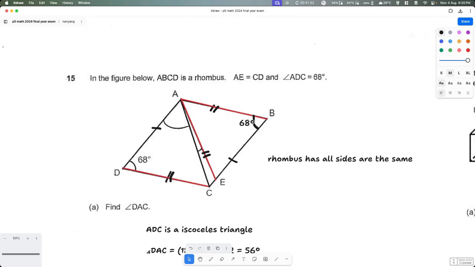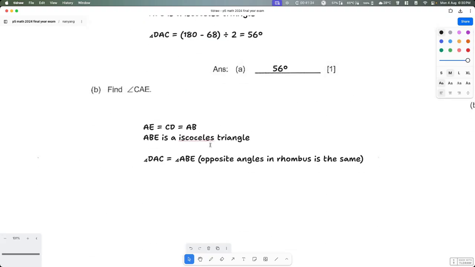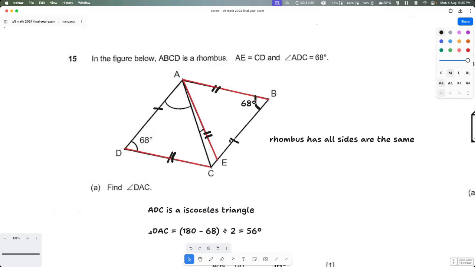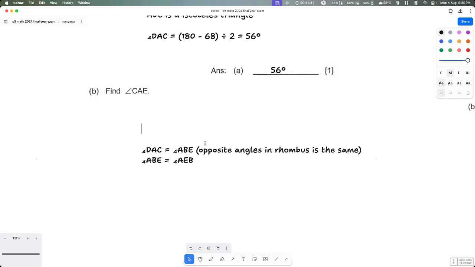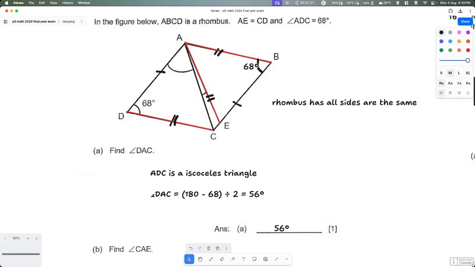Okay, so we know angle ABE is 68. Since ABE is an isosceles triangle, that means angle ABE is equal to angle AEB. So I'm going to put it here as well. All right, so now from here we can solve this part.